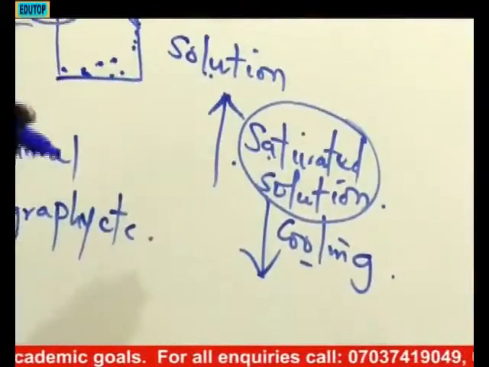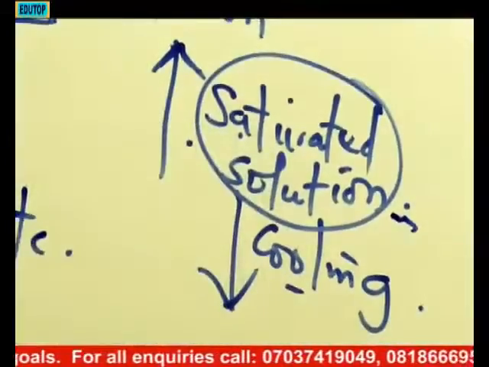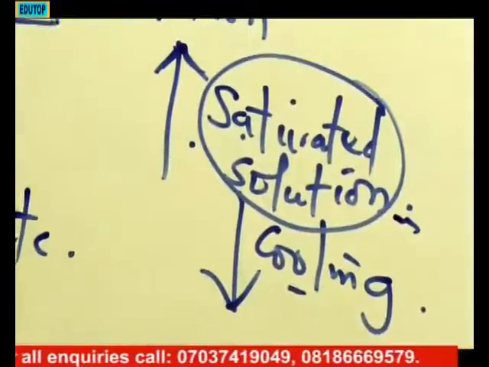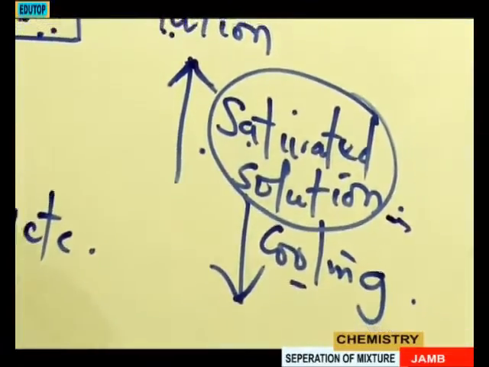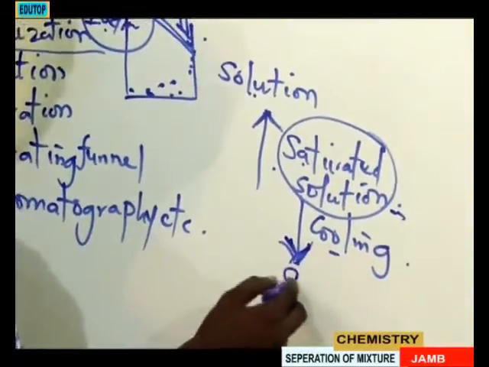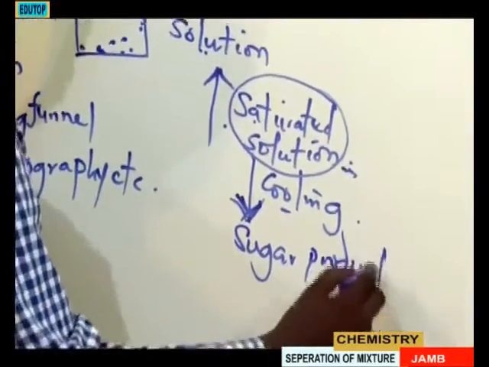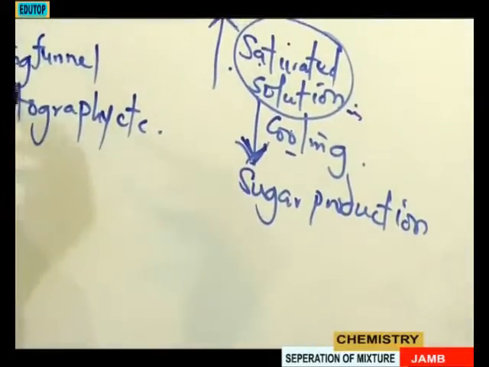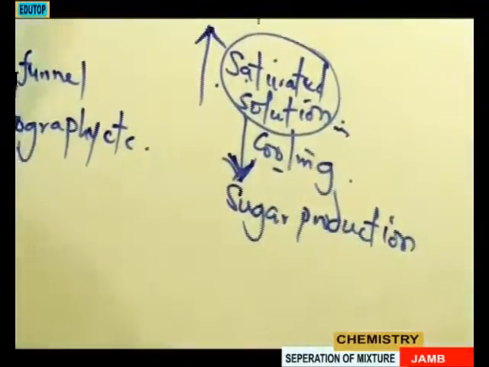It's very unique to its temperature. That is where it will be separated from the solution as crystals. So that is the method of crystallization, and it is usually employed during the manufacture of sugar, in sugar production. So you can be asked in an exam that the process by which sugar is produced is known as crystallization. So you employ this in sugar production.